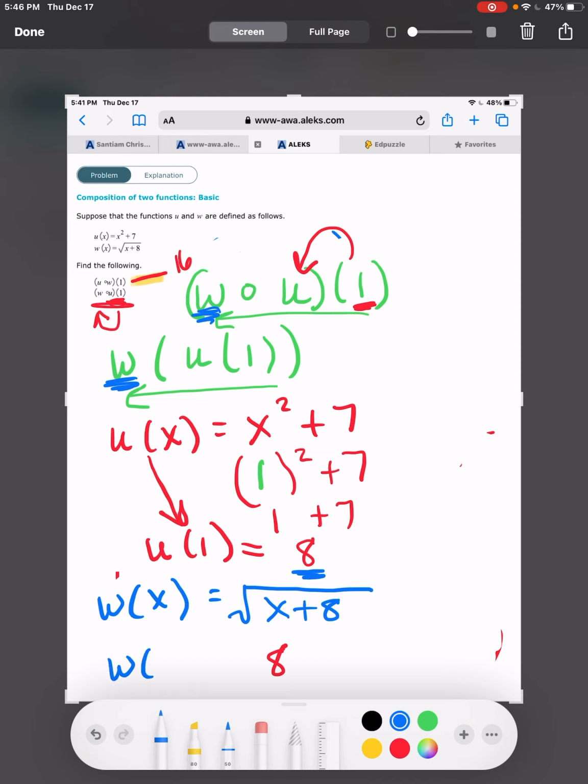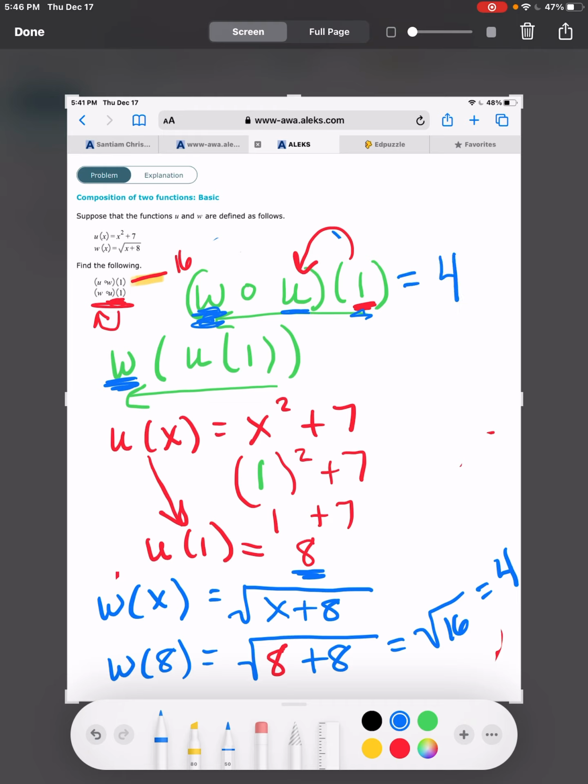So we'll say that the w of 8 is the square root of 8 plus 8. 8 plus 8 is 16, and the square root of 16 is 4. And so my final answer, the w follows the u of 1, is 4.